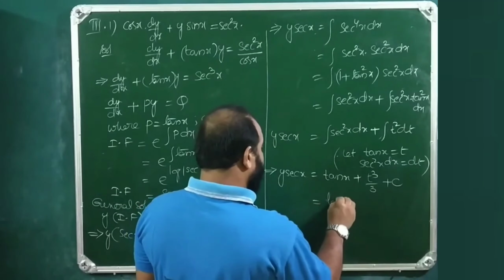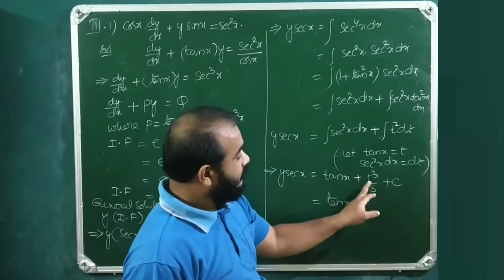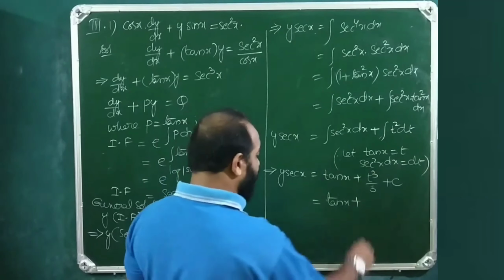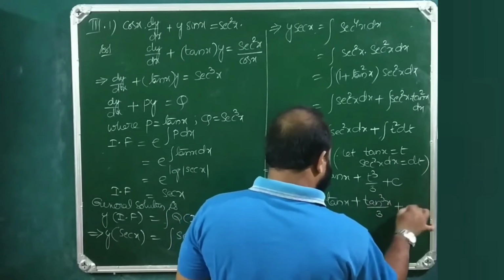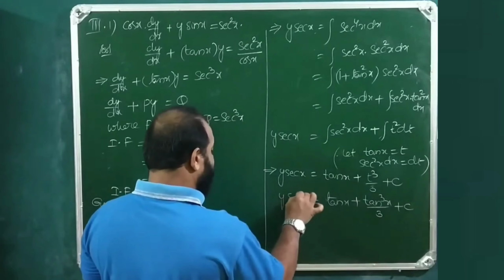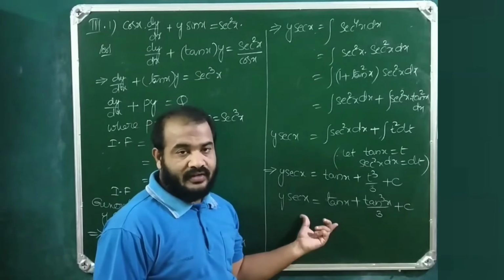Therefore, with t as tan x, this is tan cube x by 3 plus c. So y secant x is equal to this, and this is our required solution.